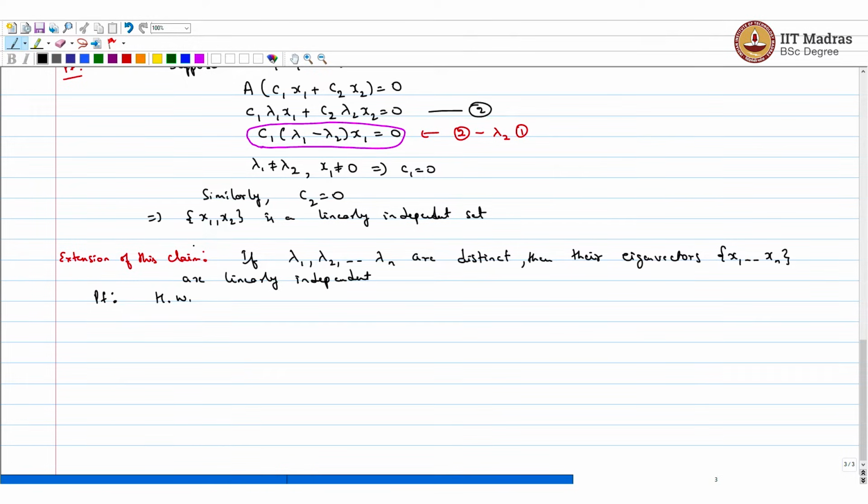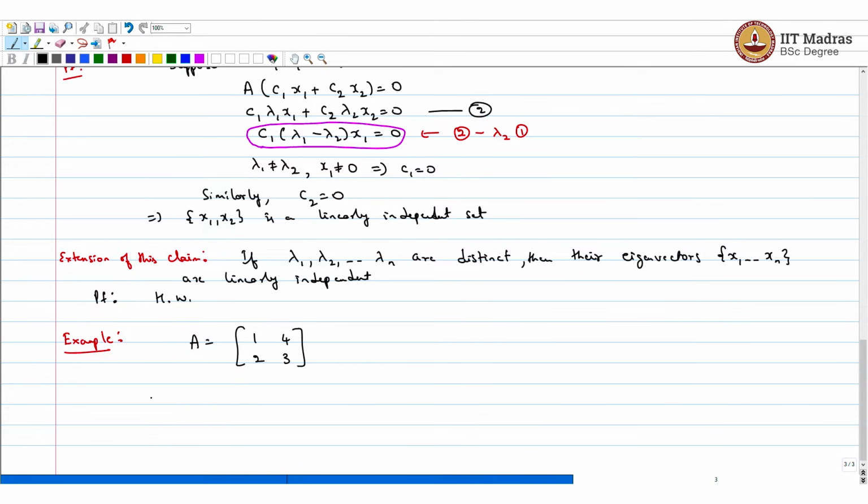Okay. So, we will do an example. Take this matrix A, 1, 4, 2, 3. Let us calculate the eigenvalues and eigenvectors of this matrix for some practice.